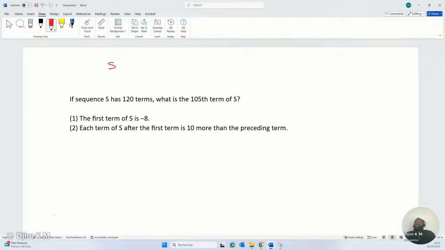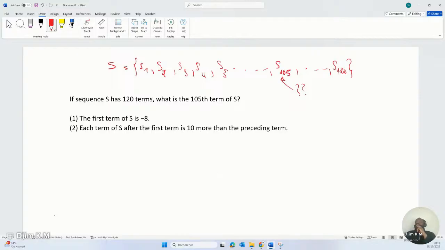So we have sequence S, made up of S1, S2, S3, S4, S5, and S120 like this. So this is what we are looking for.